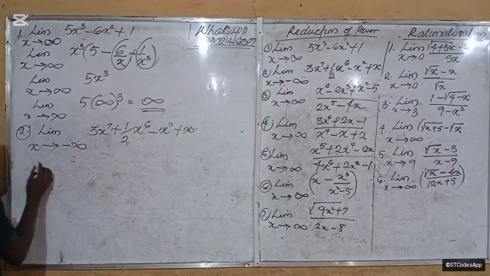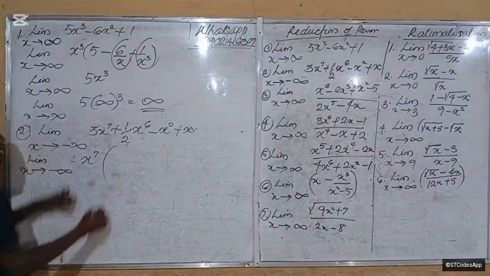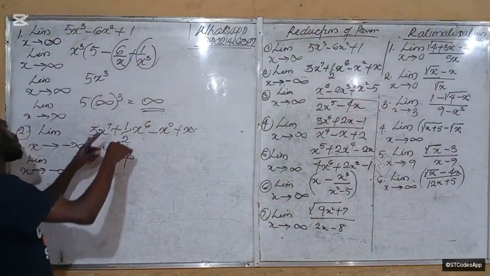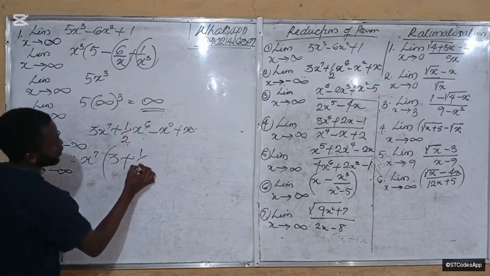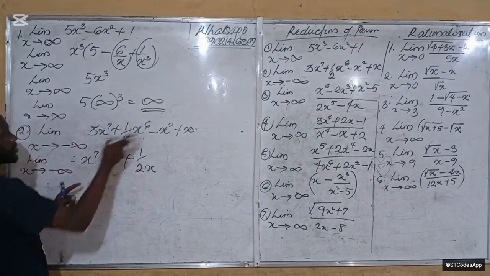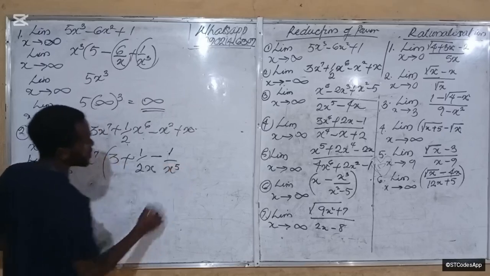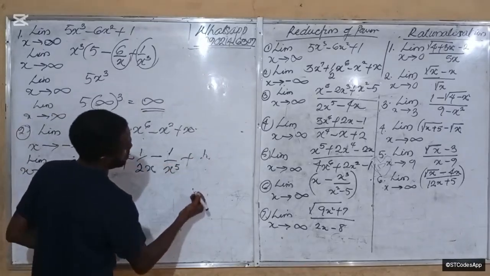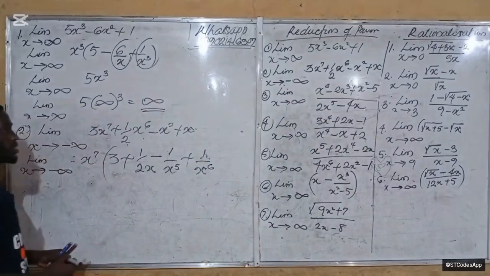So the limit as x approaches negative infinity of our expression becomes x to the 7th into bracket. 3 will be left here, plus, now, this guy is going to be 1 over 2x that you multiply with this guy to give you this guy, okay? Minus 1 over x to the 5th plus 1 over x to the 6th.